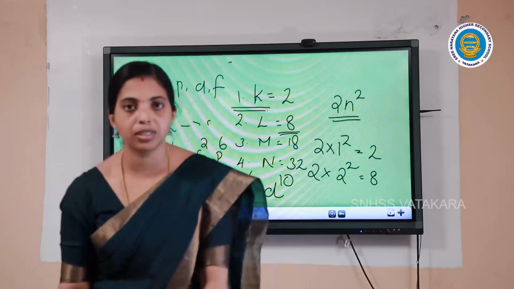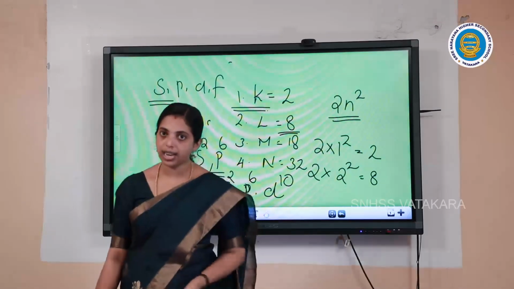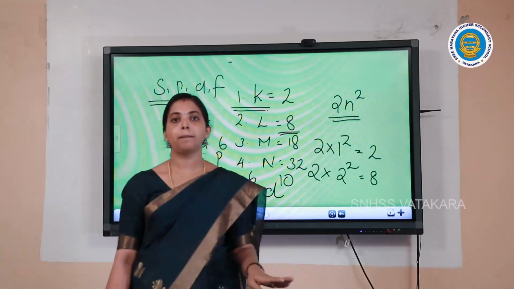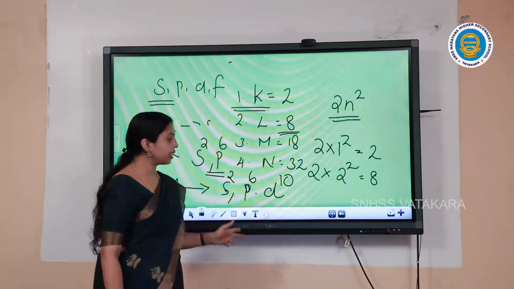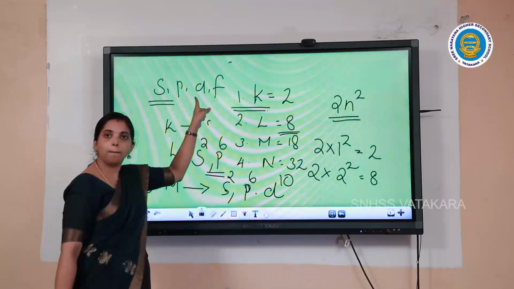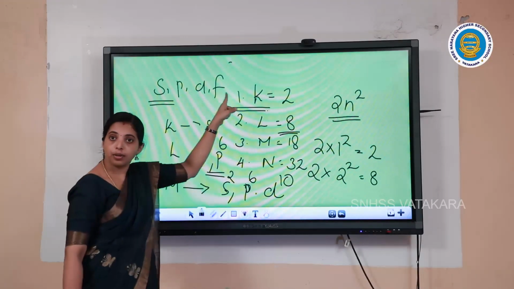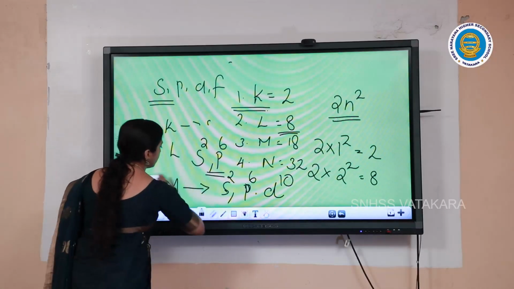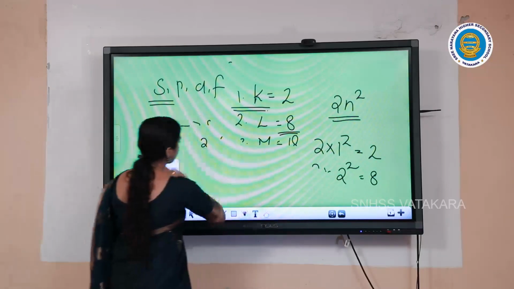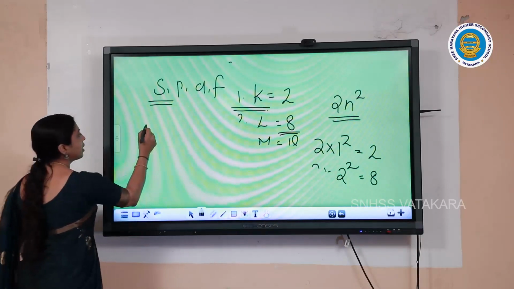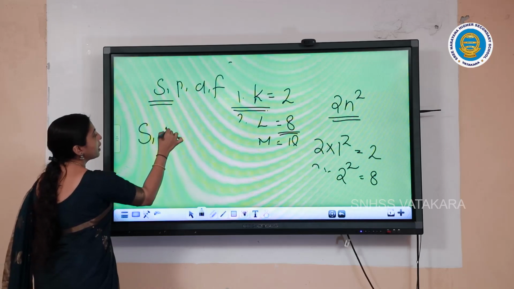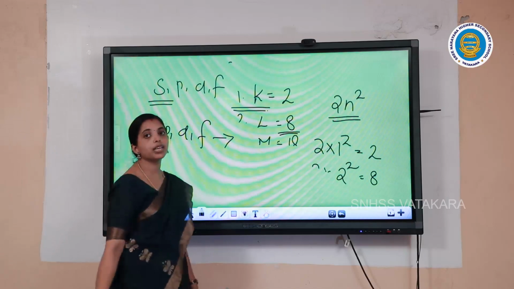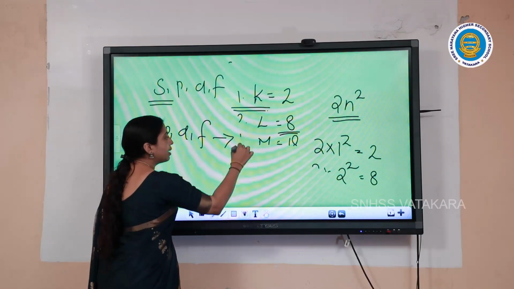Then what about the N shell and its subshells? N is the fourth shell, so it has 4 subshells. Which are they? S, P, D and F. Okay, in the case of N shell.